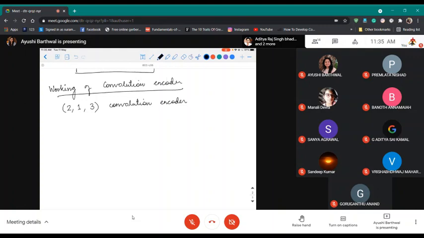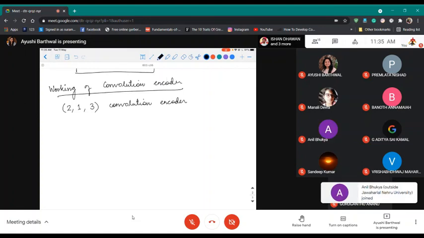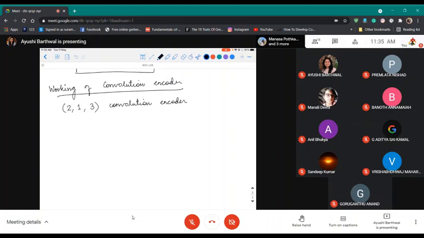This means we will have 2 output lines, 1 input line and 3 memory elements. The circuit diagram for that convolution encoder is given. These 3 are your memory elements, basically shift registers, and from here you will give your input stream.